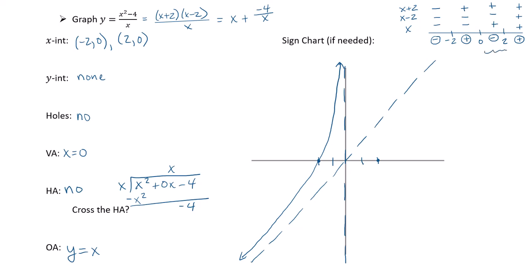Between 0 and 2, we're below the x-axis, getting pulled towards that vertical asymptote. And to the right of 2, we're always above the x-axis and getting pulled towards that oblique asymptote.